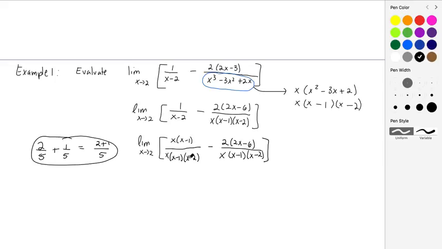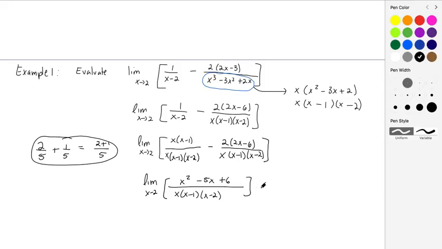Now that we have equivalent fractions, we can simplify this, and if we multiply this out and combine all like terms, the denominator is going to be x minus 1, x minus 2. Once we combine all these terms in the top, we should get x squared minus 5x plus 6.